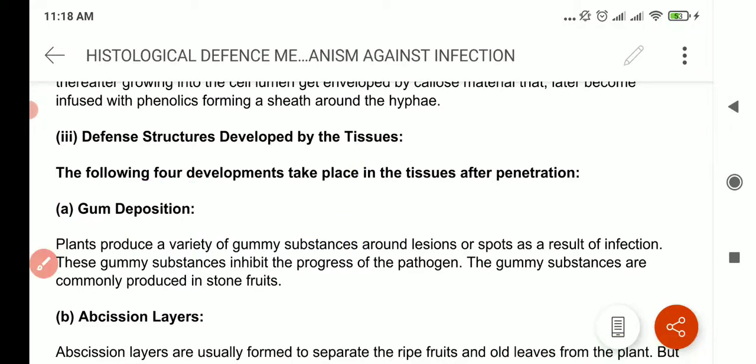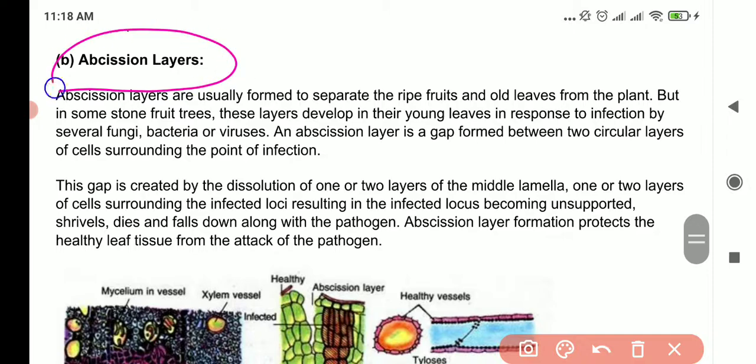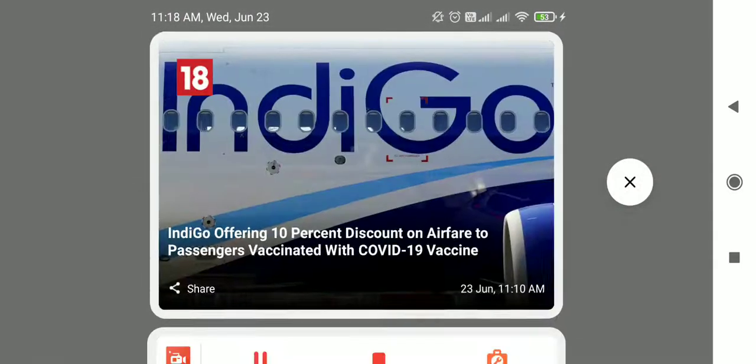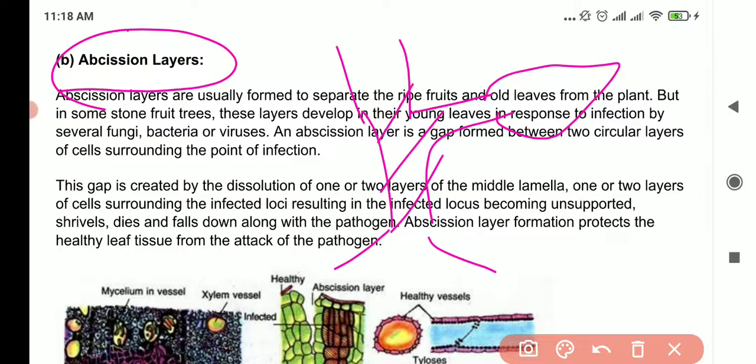Then abscission layers, it's a very simple thing. The diagram is there, so you can practice the diagram. Suppose this is the plant. This part is healthy, but this part is diseased.